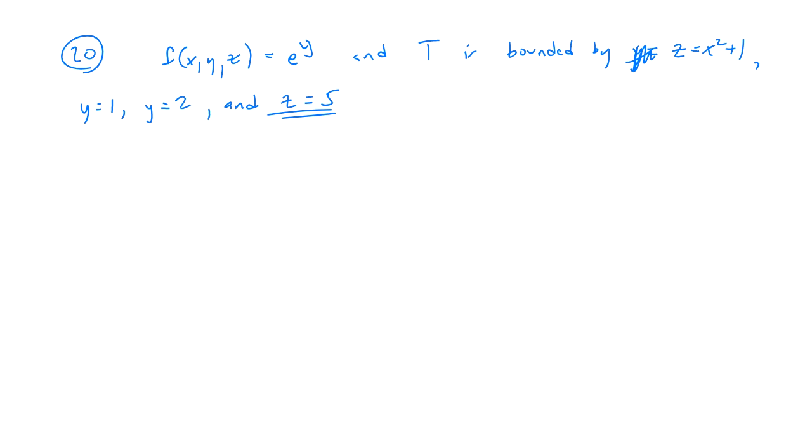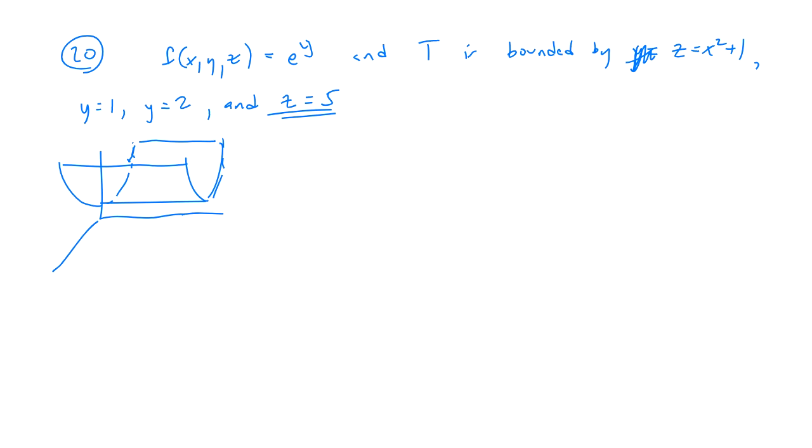So we have z equals x squared plus 1. And so I can try drawing it. So there's y equals x squared plus 1. It's just y equals x squared, z equals x squared plus 1.